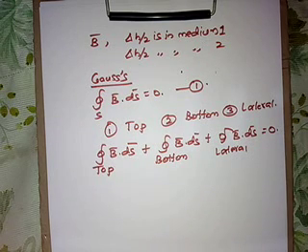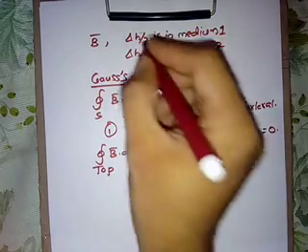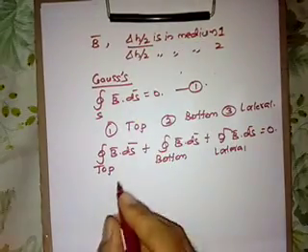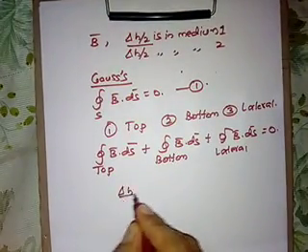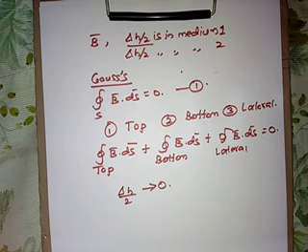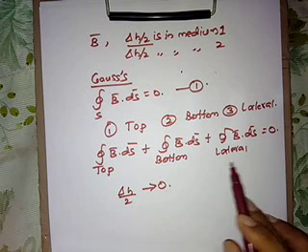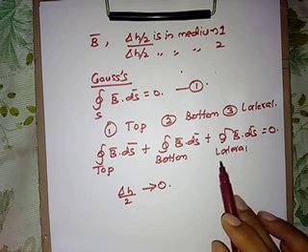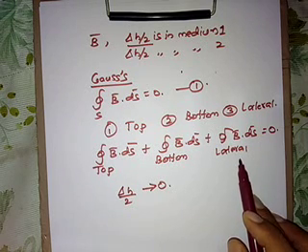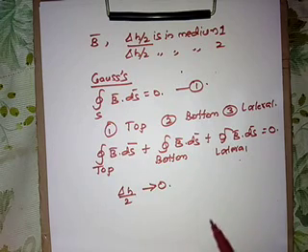Now when we want to find the boundary condition, we reduce delta h by 2 to 0, so delta h tends to 0. When delta h by 2 tends to 0, the lateral area will be 0 because the height tends to 0.